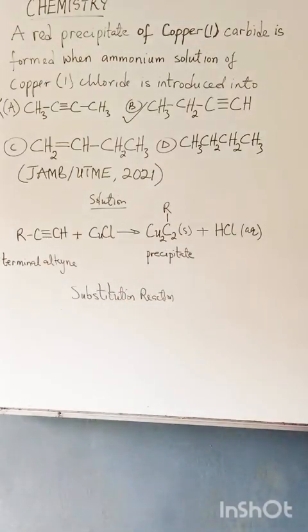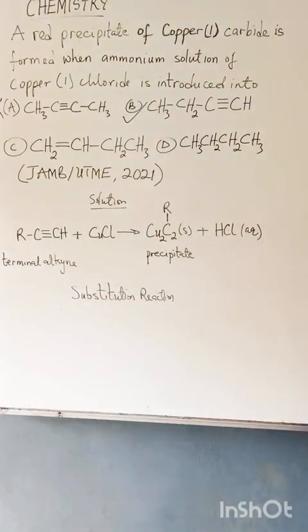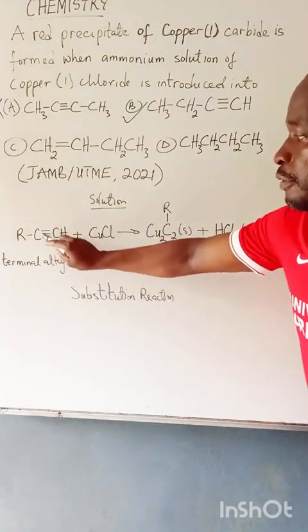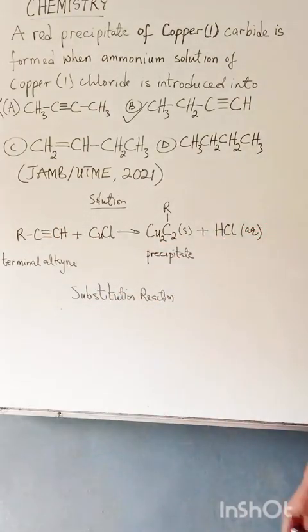Don't forget, alkynes are unsaturated hydrocarbons. Unsaturated means that they have either triple bond or double bond. Any hydrocarbon that has a triple bond or a double bond is called an unsaturated hydrocarbon. If it is an unsaturated hydrocarbon, it is known to undergo an addition reaction.